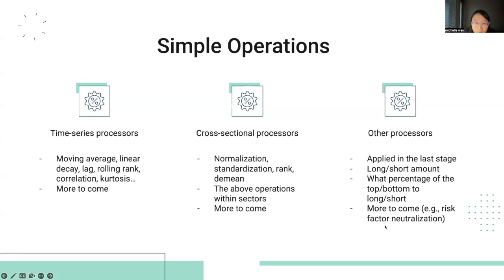And there are some functions that I'd like to add. For example, risk factor neutralization will help filter out the risk and returns driven by factors other than what I would like to capture.